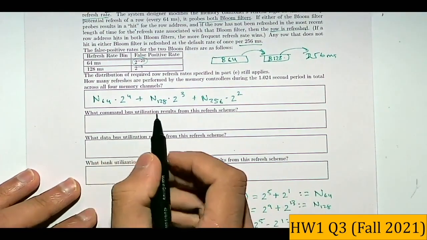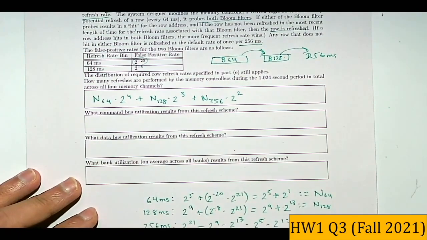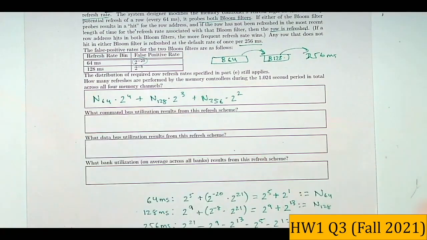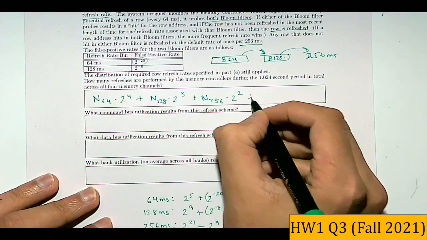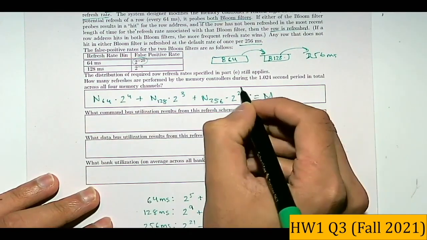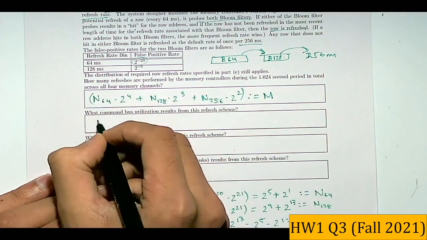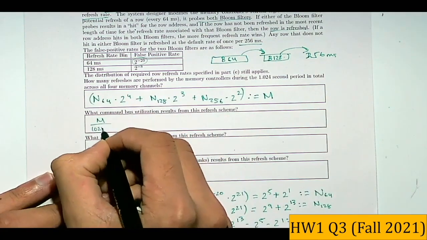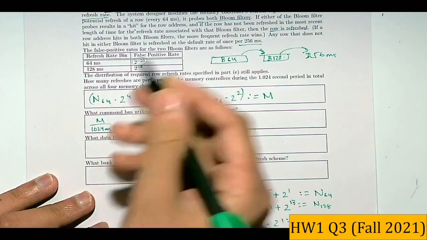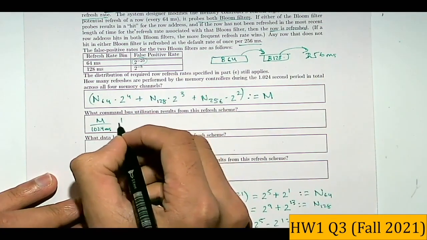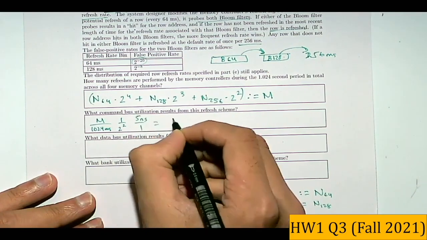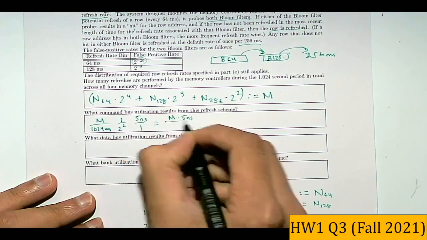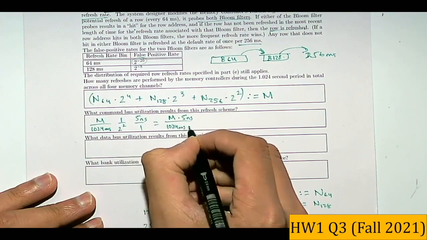Then, what command bus utilization results from this refresh scheme? Same analogous computations as before. We have this quantity, which I'm going to define as M. So we have M refreshes per 1024 milliseconds. For the command bus, we have 4 channels in the system and 5 nanoseconds per refresh, so we end up with M times 5 nanoseconds over 1024 milliseconds times 2 to the 2.